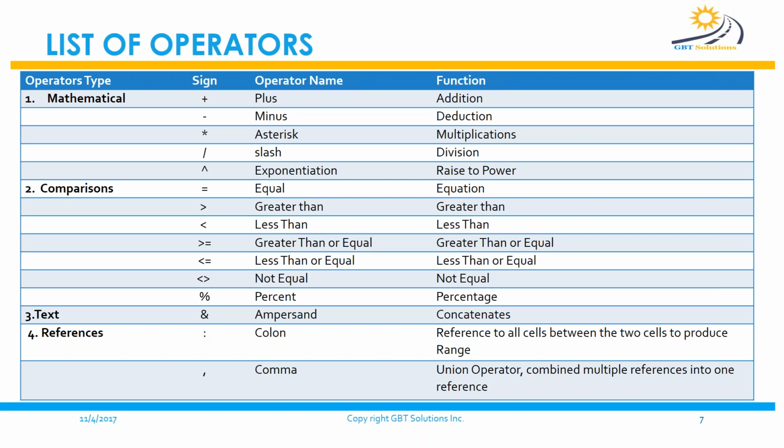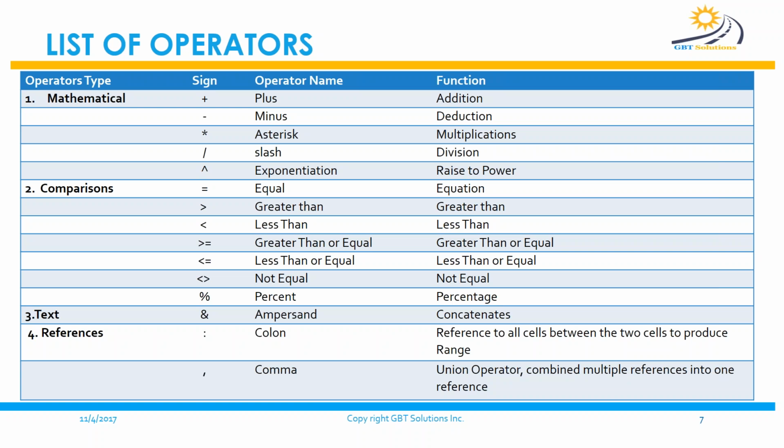Then we have the references. The colon is used to indicate a range, from this point to this point, like A1 to A10. We use the colon to indicate the range.